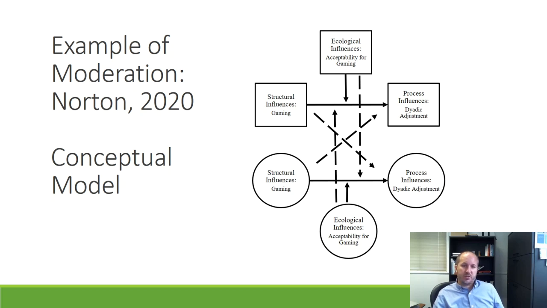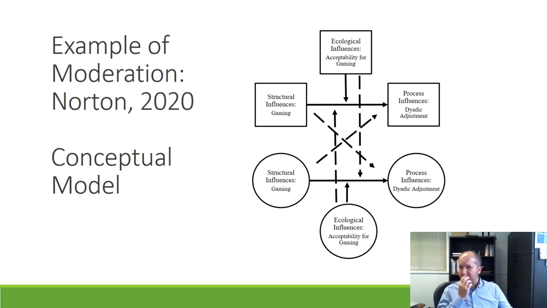Rather, the squares and circles are meant to indicate that I have male and female matched partners in here. And what I'm doing in this paper is looking at the relationship between frequency of gaming and its relationship with dyadic adjustment. There's a lot of research that has been really mixed, showing that how often somebody games may or may not positively or negatively impact dyadic adjustment.